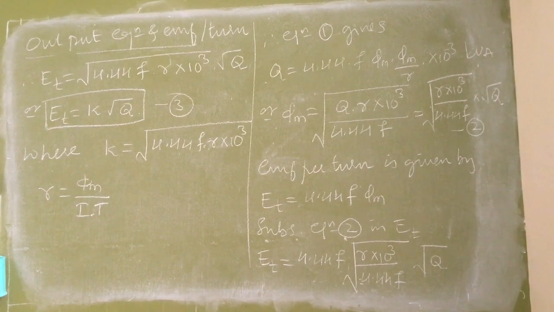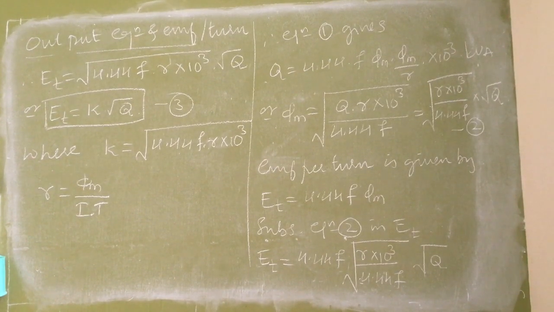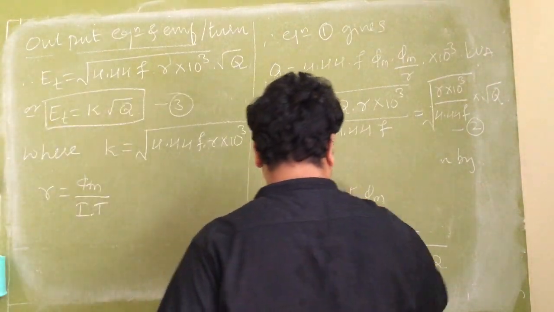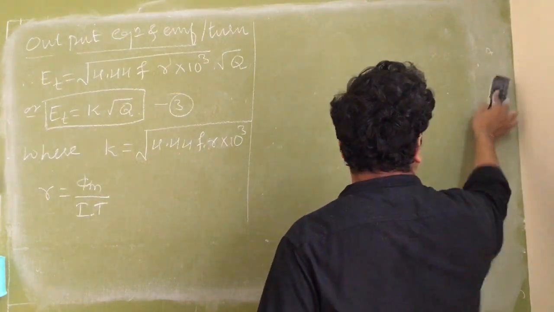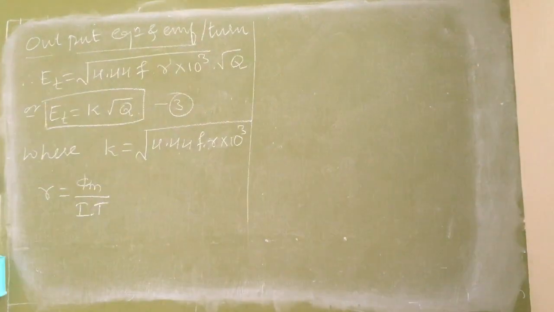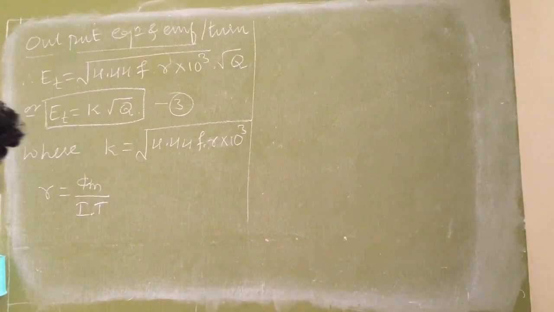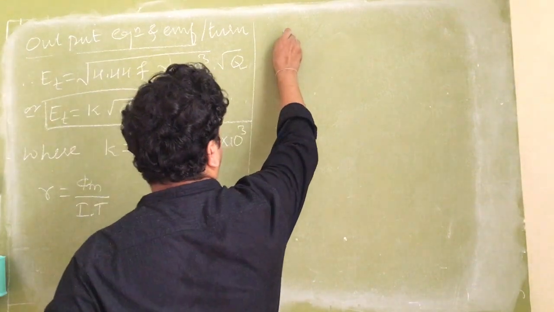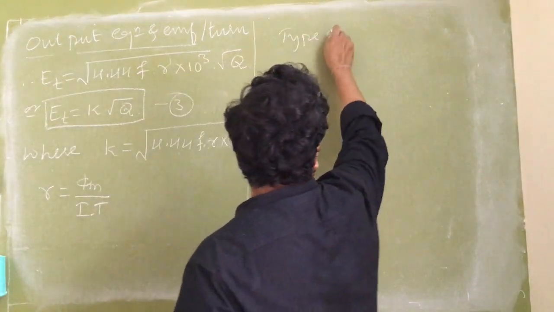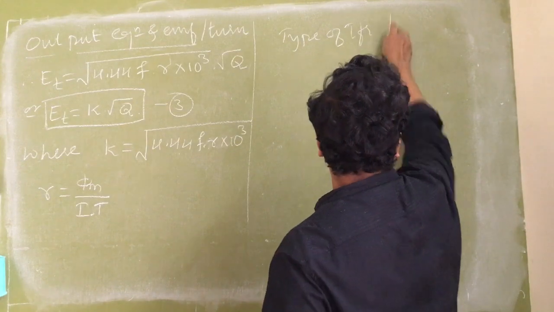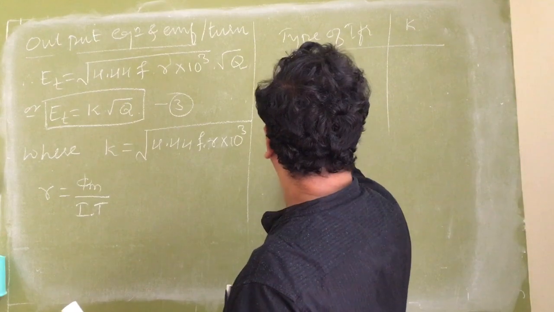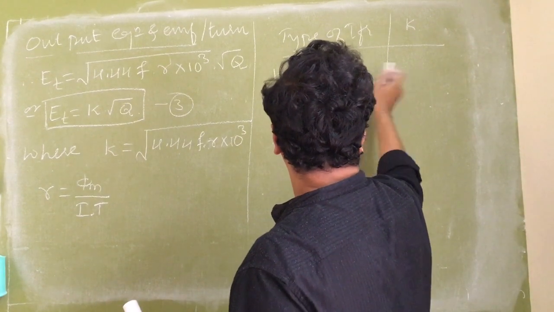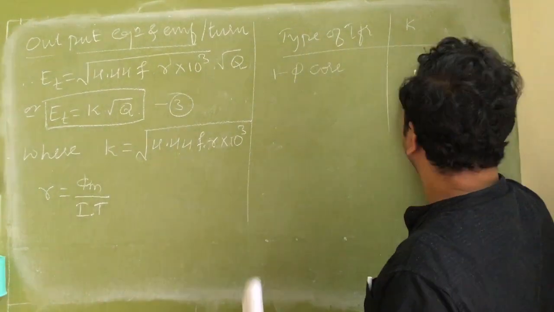So there are various values for this K. We will see that. Type of transformer and the value of K. For single phase core type, it is 0.75 to 0.85.